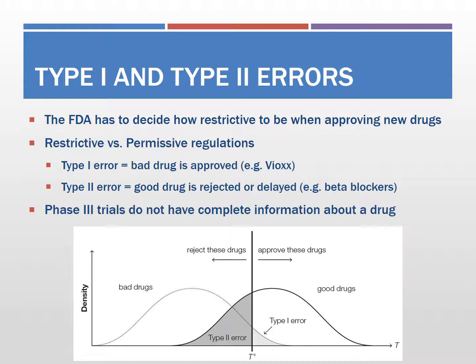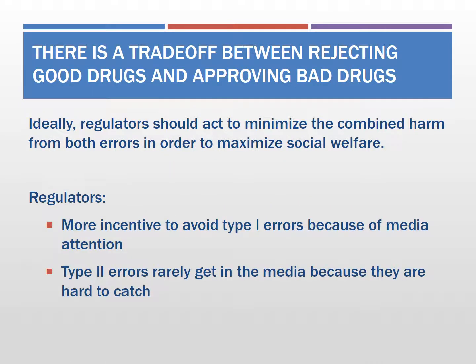The test is not perfect, of course, but the distributions sometimes might tell us which side of the error we should balance more. Since none of this information can perfectly illustrate whether a drug is safe, ideally any drug regulator should try to minimize the combination of both errors in decision making in order to maximize social welfare.